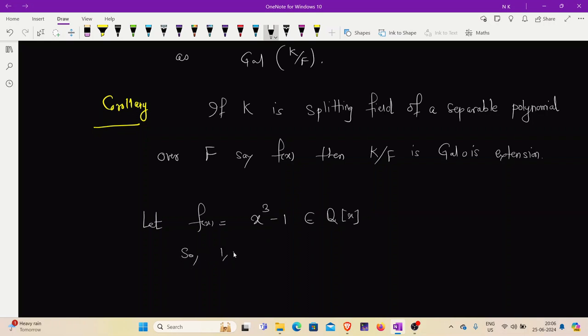So 1, omega, omega square are roots of f of x, where omega is a cube root of unity.